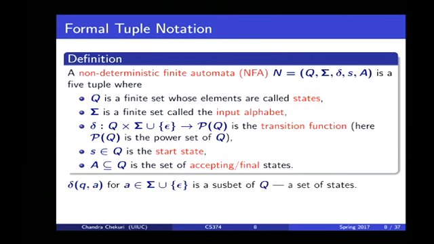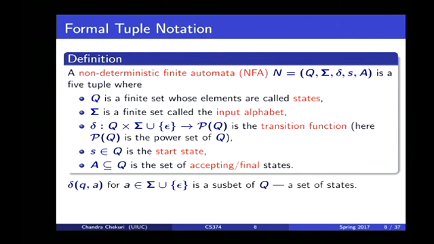Now, what is the transition function? It's a function from sigma union epsilon to what? That means on a state Q, for every letter A and also epsilon, I'm going to tell you the potential places you can go to, not just one state, because it can be many states.